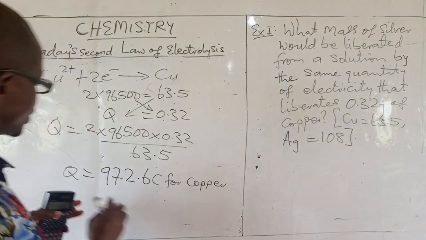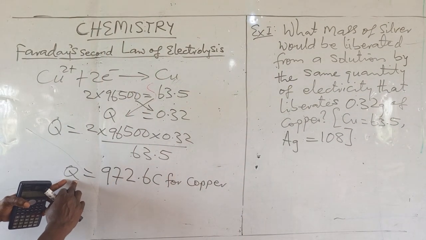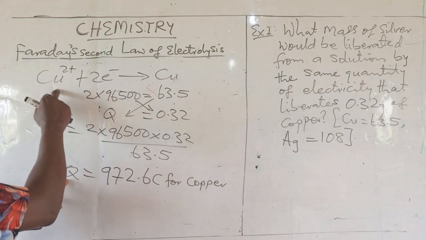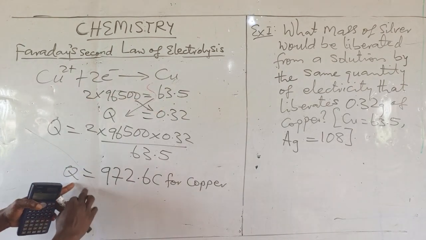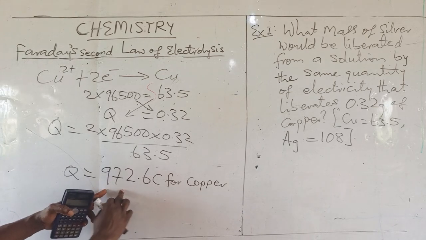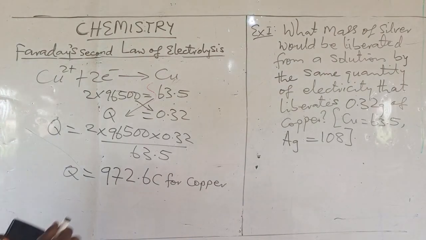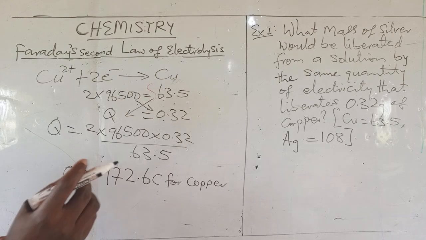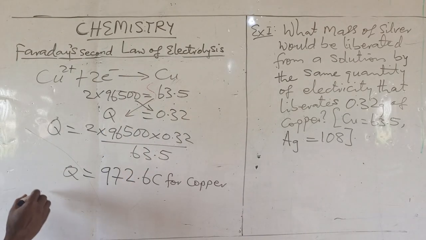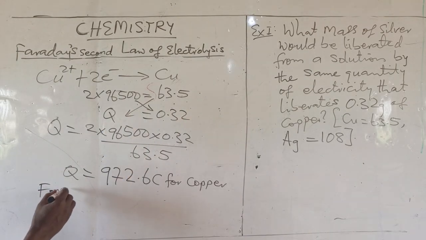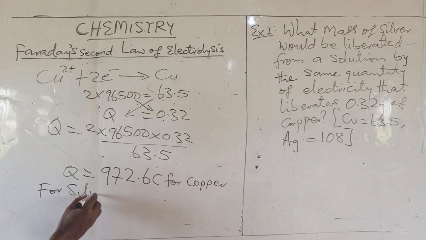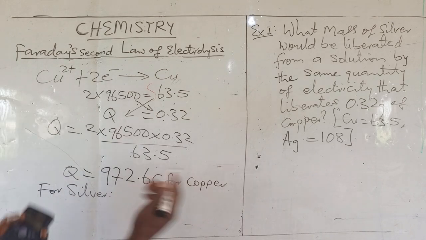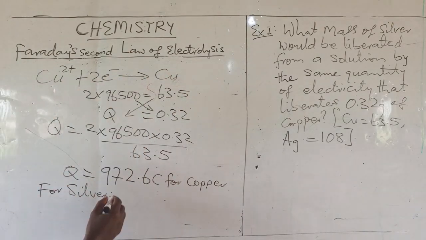Now that we have gotten the quantity of electricity that will deposit the copper, the quantity equal to this for copper, we have gotten the one for copper. Now let's go for the one of silver. For silver, I will start with the same half equation.